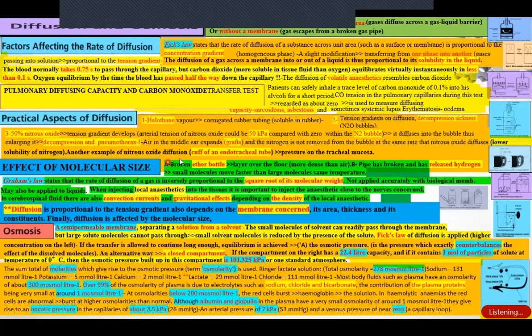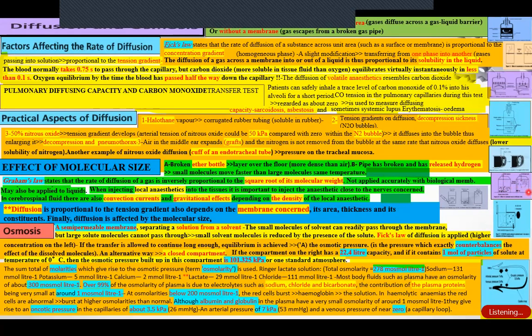The effect of molecular size: whenever we have a broken pipe, as we said before, and hydrogen is present, it escapes and goes upwards because its density and molecular weight are small. On the other hand, if an ether bottle is broken and the molecules are spread, it spreads over the floor of the room, causing what we call the blue flame.